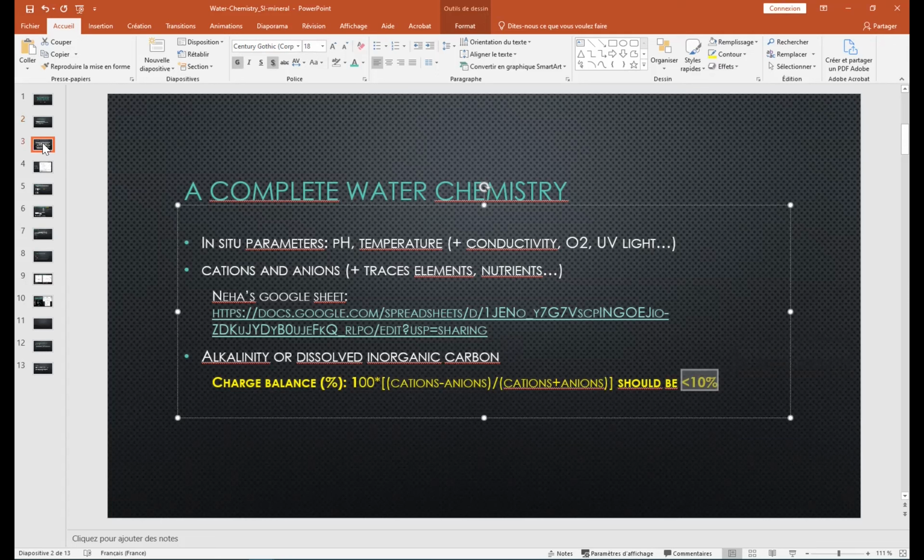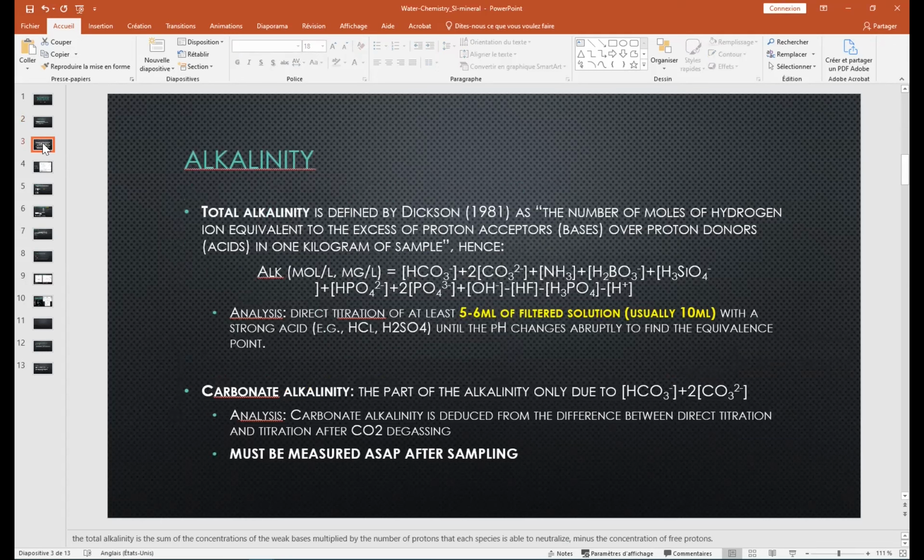So you can find which one is wrong. I just prepared 1 or 2 slides on alkalinity in particular, because we had some problems with Juliette and Ea these times measuring the alkalinity to constrain the carbon content of the solution.